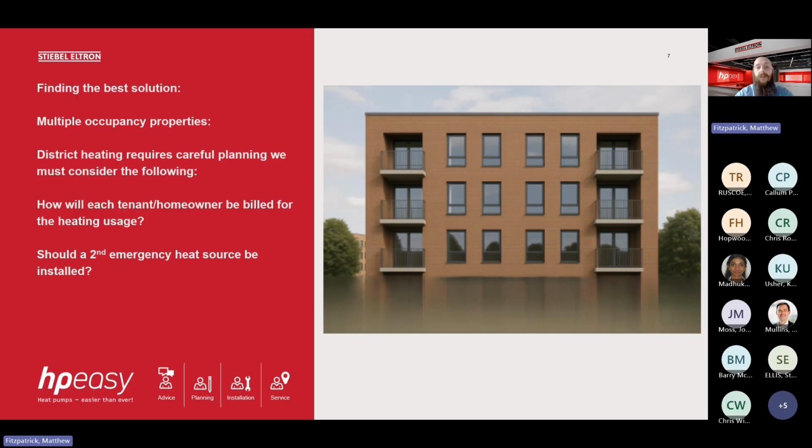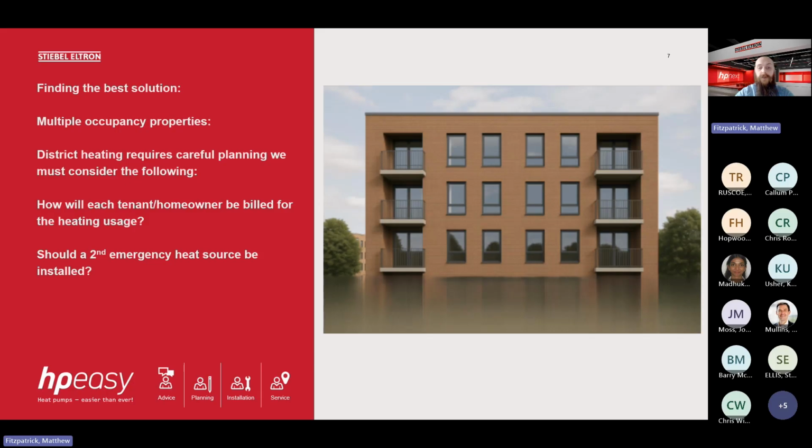Because if you imagine you have a property that's a block of flats with 8 to 12 tenants, and there has been a failure, there has been a breakdown, you now have 8 to 12 tenants currently in need of heating and hot water. If there's an emergency system, this can be initiated and there is minimal disruption to the tenants. The work can be completed and the heat pump system is back up online and more efficient than that second heat source.